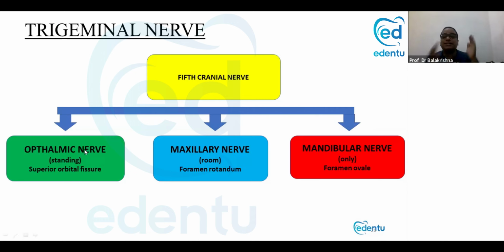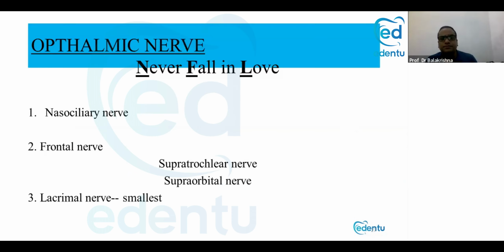You can remember it like standing room only. Ophthalmic nerve comes from standing, S, which means superior orbital fissure. Room, foramen rotundum, maxillary nerve. Only, foramen ovale. So ophthalmic nerve comes from superior orbital fissure, maxillary nerve from foramen rotundum, and mandibular nerve from foramen ovale.